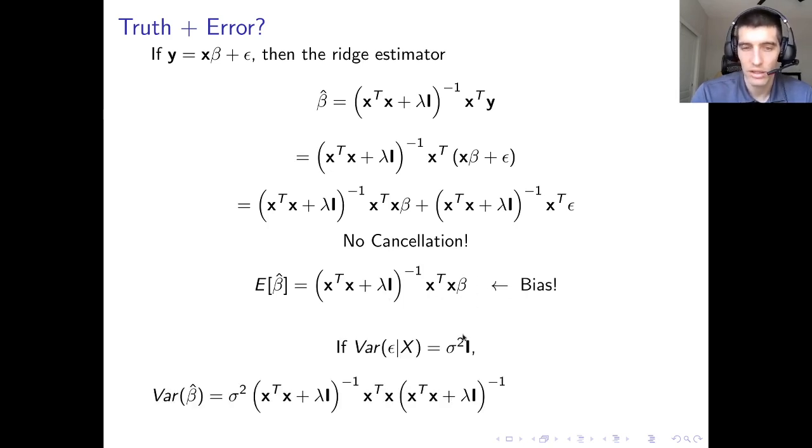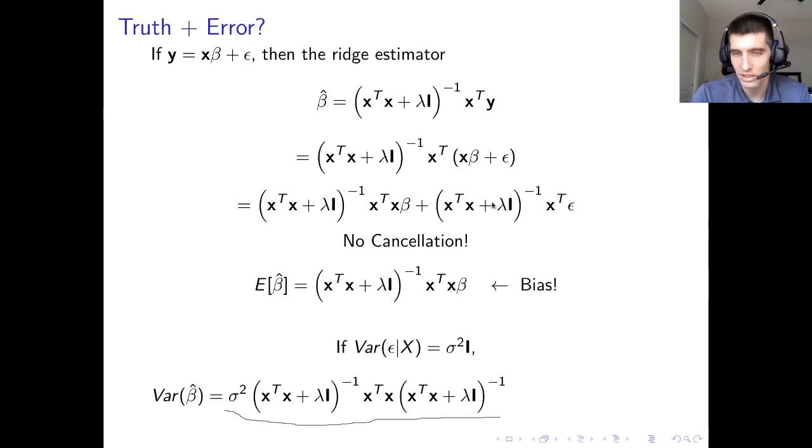If we have a constant variance assumption, which is the second assumption in the multiple linear regression assumptions, we can actually compute the variance of beta hat, but it's just gnarly. This is the variance expression. Again, we can just take the variance of this, using this no longer truth plus error representation.